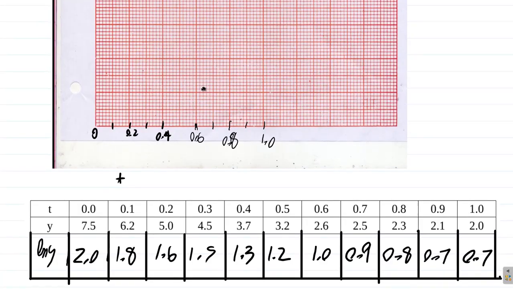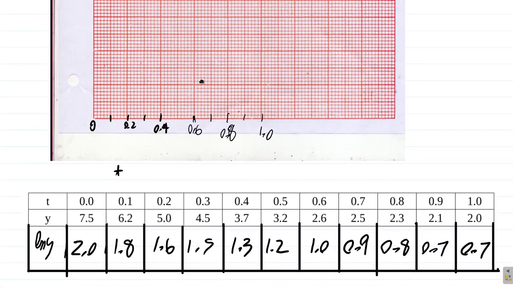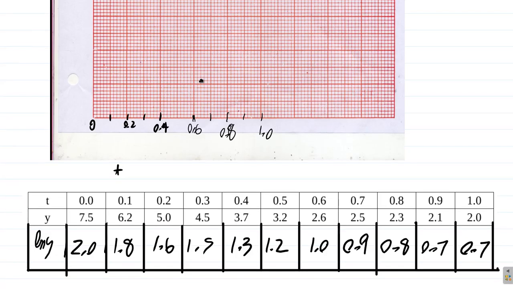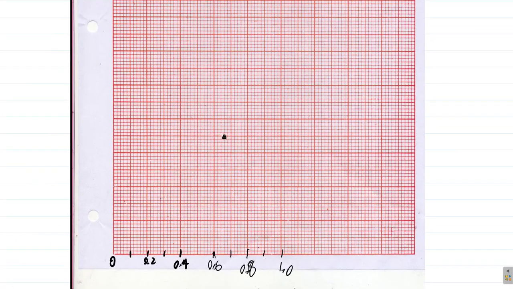And then ln y goes from a low of 0.7 to a high of 2.